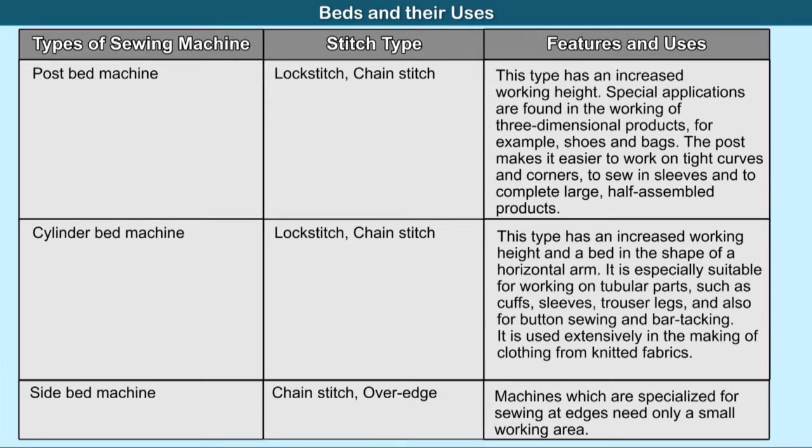Post bed machine. The stitch type is lock stitch and chain stitch. This type has an increased working height. Special applications are found in the working of three-dimensional products, that is shoes and bags.